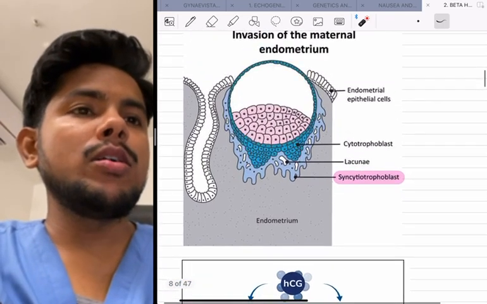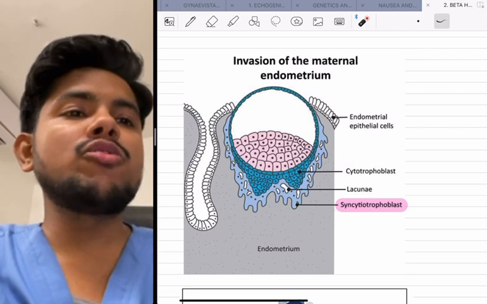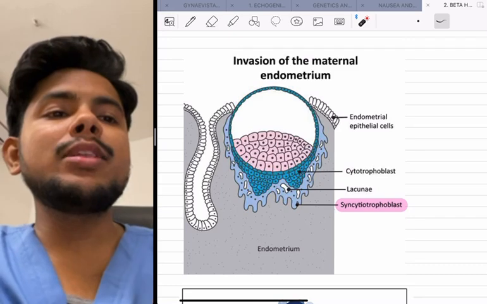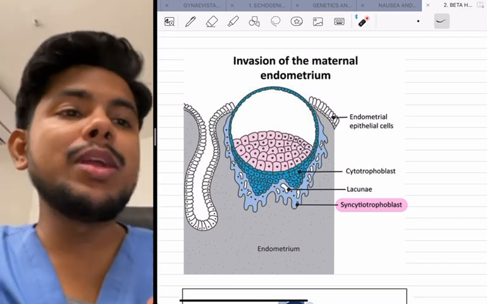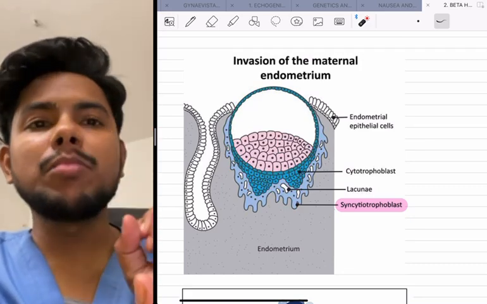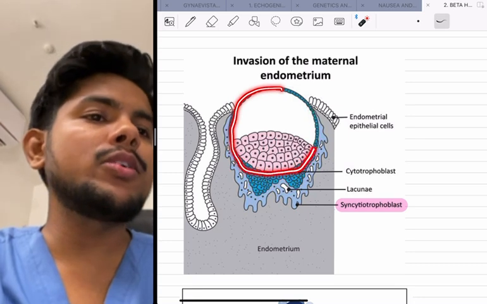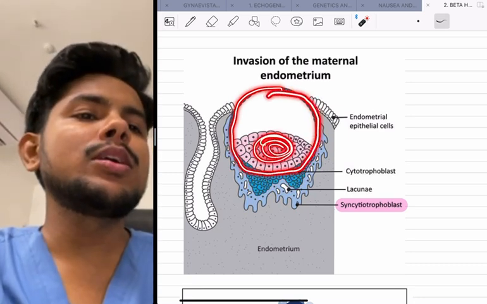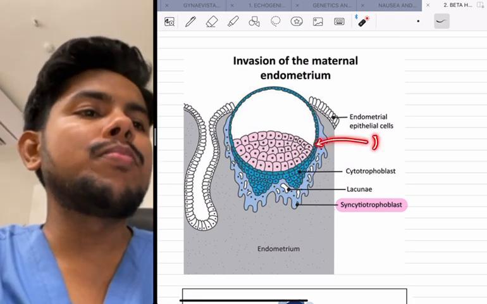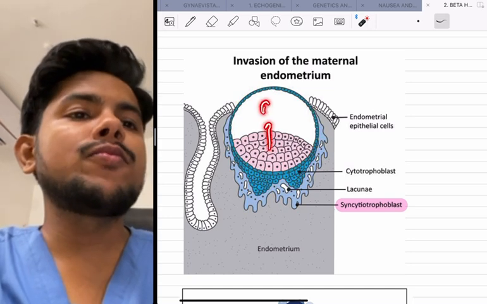I wanted to focus on this picture right now. What you can see in this picture is a blastocyst which is getting implanted. If you see the structure or anatomy of the blastocyst, it has got an outer cell layer and an inner cell mass. This is the outer cell layer right over here, and then we have got the inner cell mass. Now this outer cell layer forms the placenta, and the inner cell mass forms the fetus.